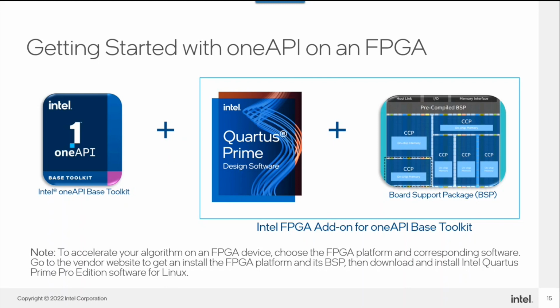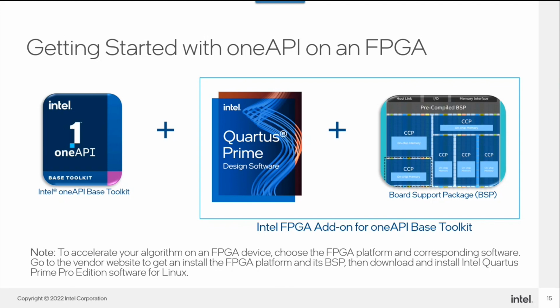Yeah. So when you intend to finally get started with oneAPI for FPGA, the product offering you'd need is the oneAPI base toolkit. This can get you through the first two steps in development for FPGA architecture. But if you want to actually put it on the hardware, then you'll require the Intel FPGA add-on for the oneAPI base toolkit, which currently involves first grabbing the FPGA platform and the board support package.